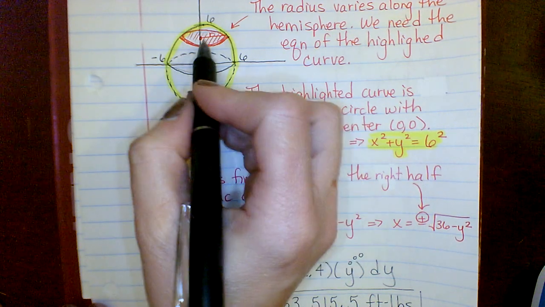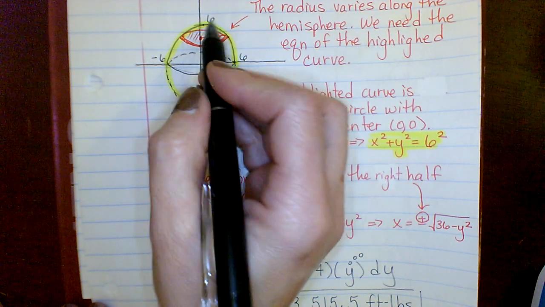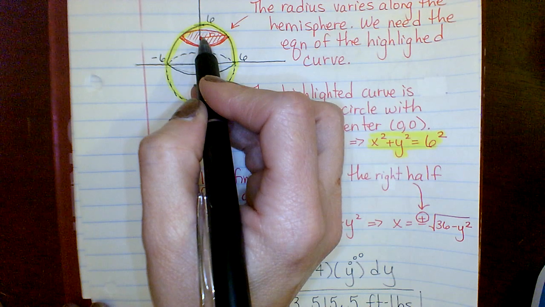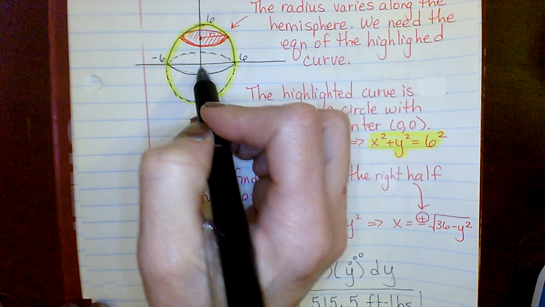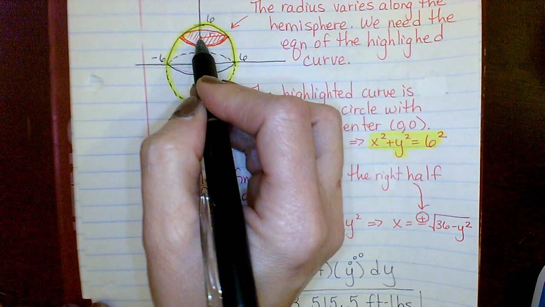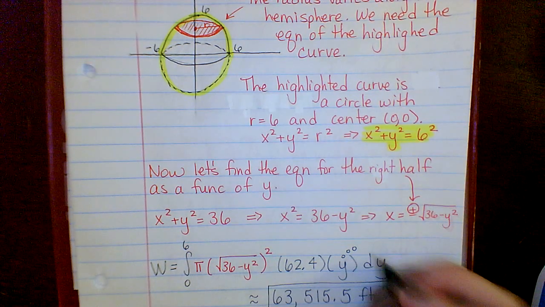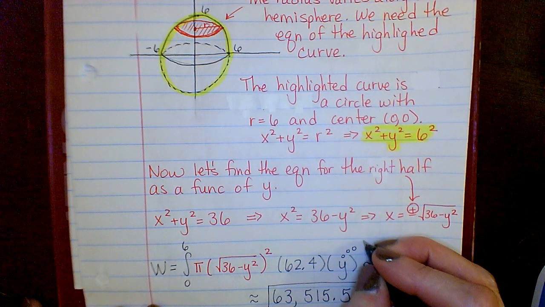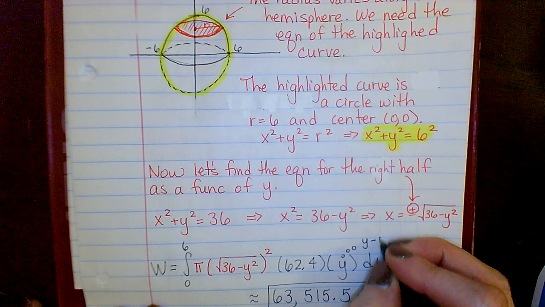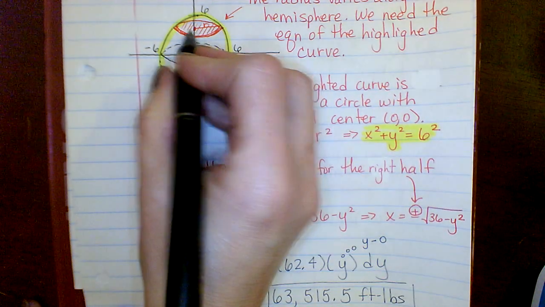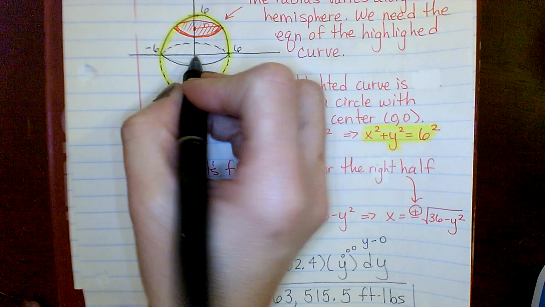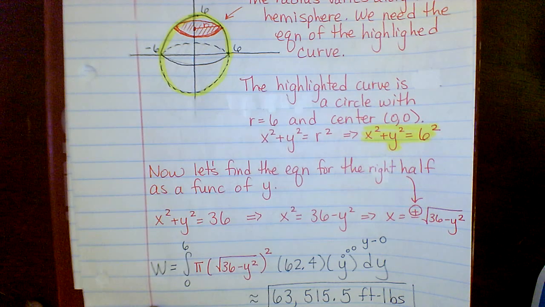So if this slab right here is, say, at 5 feet, how far did it have to travel? Well, it went from 0 to 5. So this is upper minus lower. If you want to think of it that way, it's just y minus 0, y being the upper, my lower being 0 because I'm pumping in through 0.